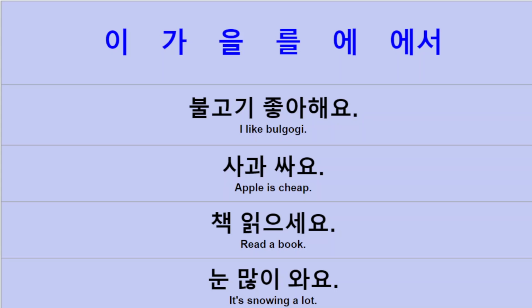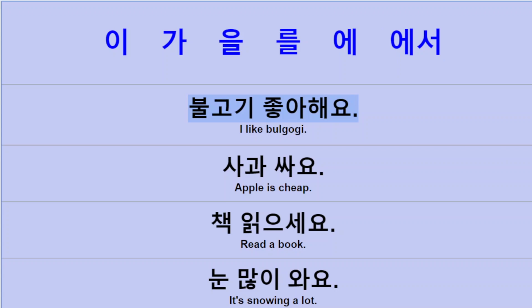So I briefly explained the particles, and now let's practice putting in the right particle. We have subject particles 이 and 가, the object particle 을, the place and time particle 에, and 에서, also a place particle. So let me see. 불고기 좋아해요.